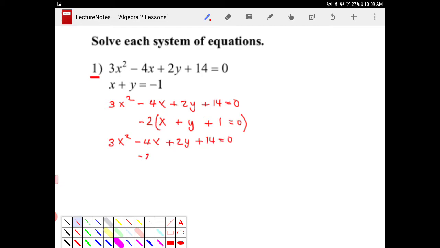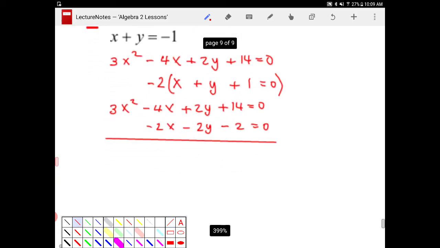And then here I have -2x minus 2y minus 2 is equal to 0. And then all I have to do from this point is add the two equations. So I'll end up with 3x squared minus 6x, the y's will go away, and I end up with plus 12 is equal to 0.